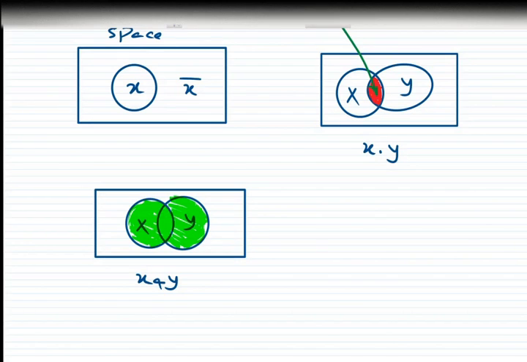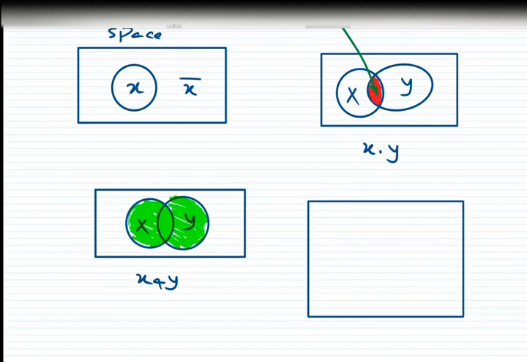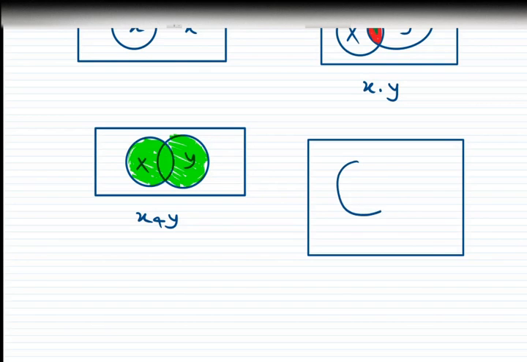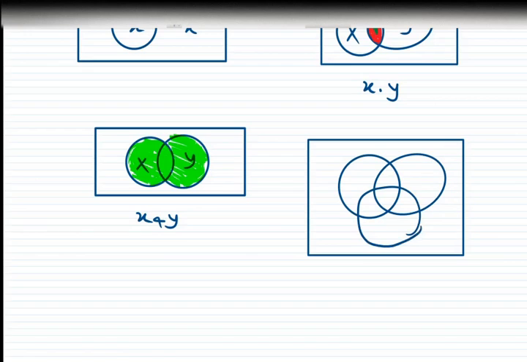So let's see another example. Here in this example, we will have three variables. We have one variable here, one variable here, and another one here.